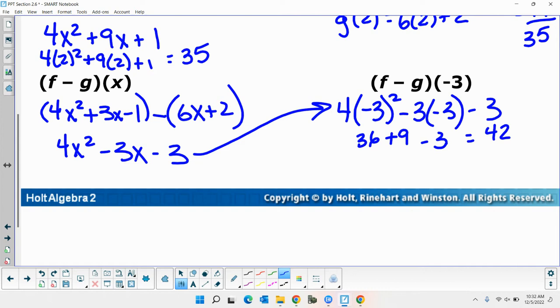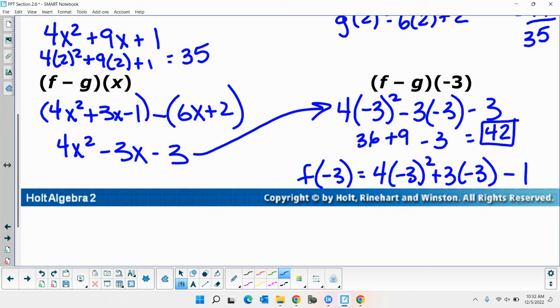When I square negative 3 and multiply it times 4, I get 36, right? When I multiply negative times a negative, I get a positive, correct? When I add those, I get 45, right? And then minus 3 is what we had there. That's 42, right? Okay. Now, if I do this first, the original problem is 4x squared plus 3x minus 1, right?